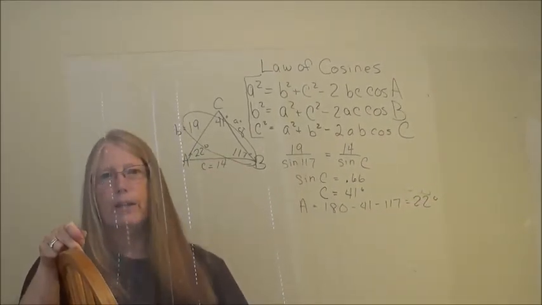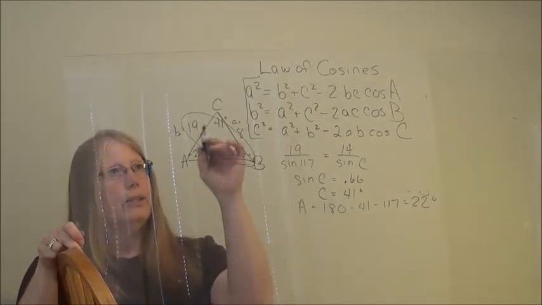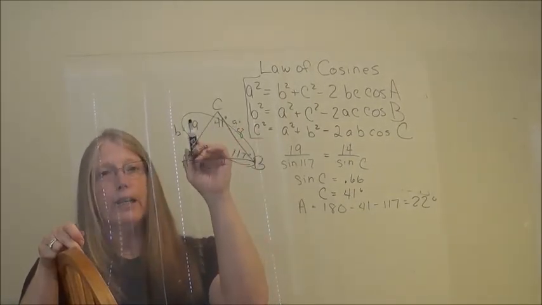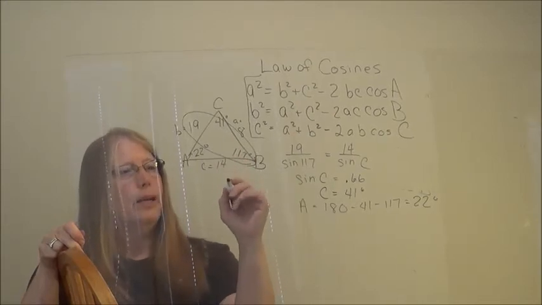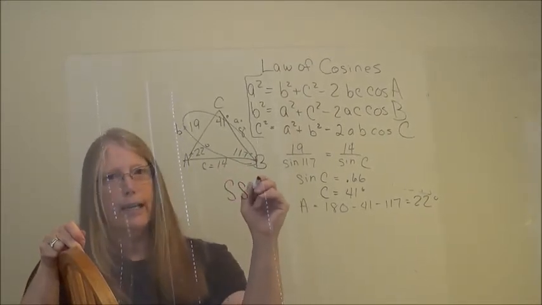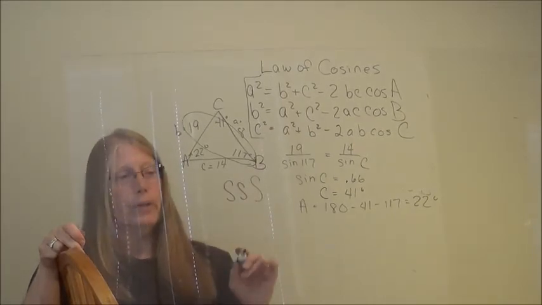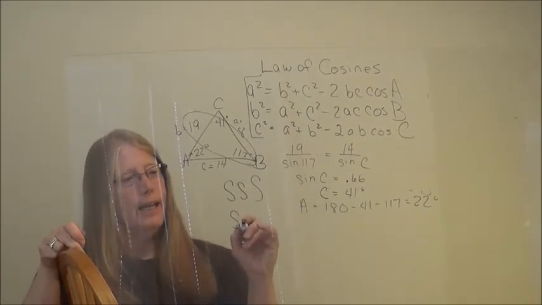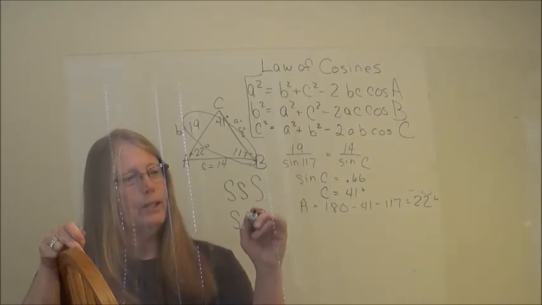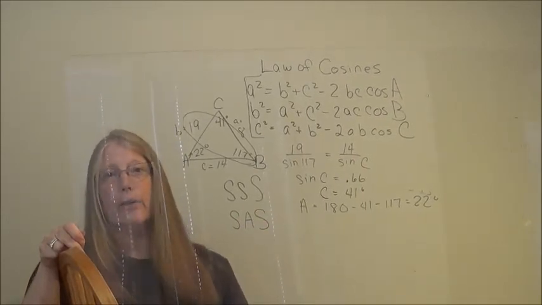Alright, so notice in this case, in the beginning, I knew little a, b, and c. So I knew side, side, side. And this law of cosines also works when I know a side, the angle in between the two sides, and another side. So side, angle, side.